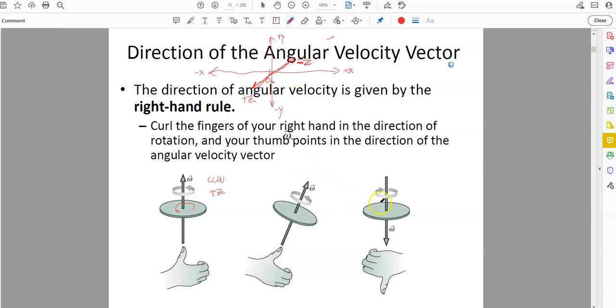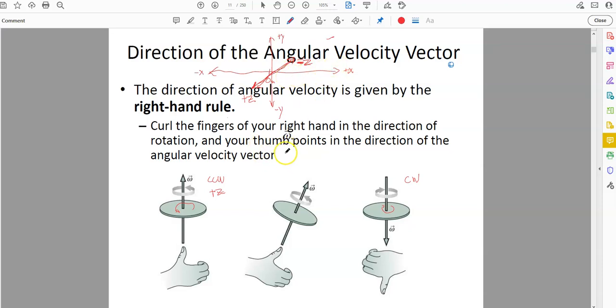So if something is rolling clockwise, and this is going to be clockwise, it's rolling in this direction around this way, well, that's rolling into the page, and that would be considered negative z.